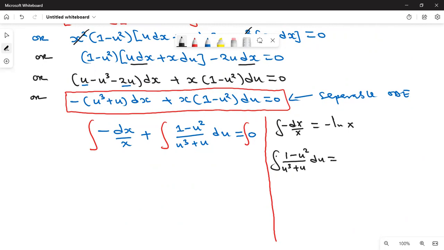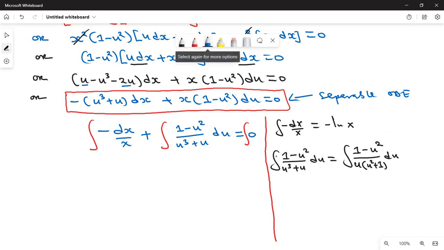It is the same as the integral of 1 minus u squared over, I can see u is common in the denominator, u times u squared plus 1 du. Look at our denominator: it is a product of two factors, a linear factor and a quadratic factor. So what I'm going to do here is to use partial fractions decomposition.